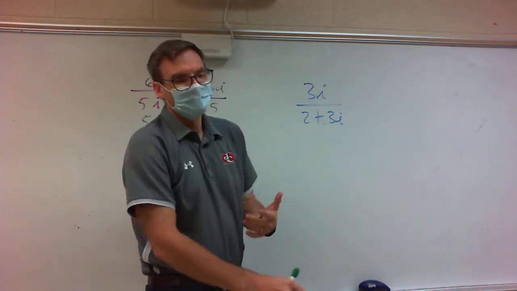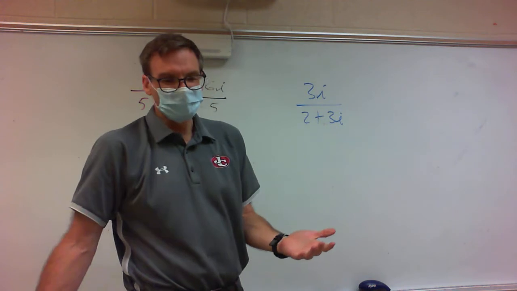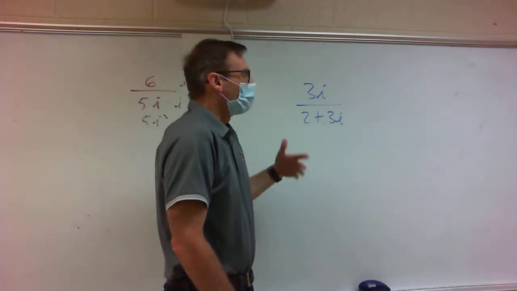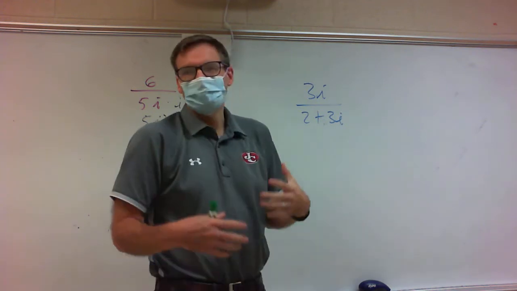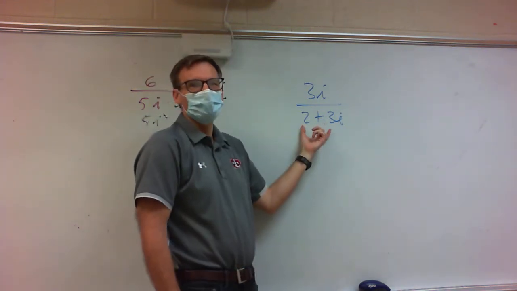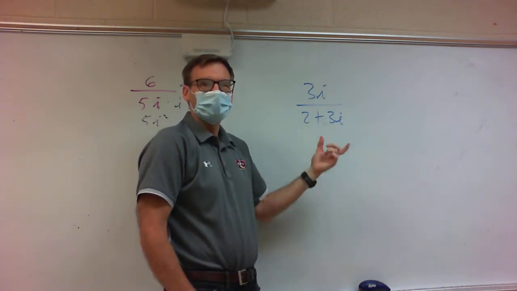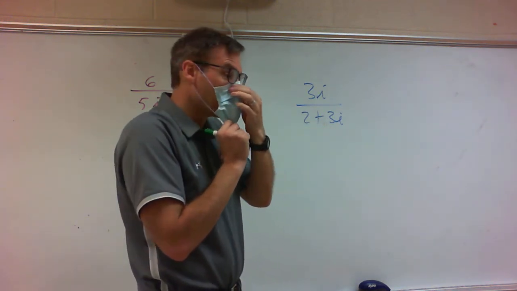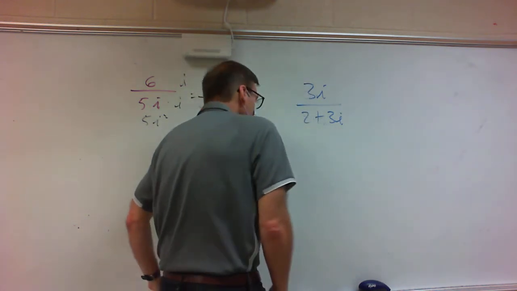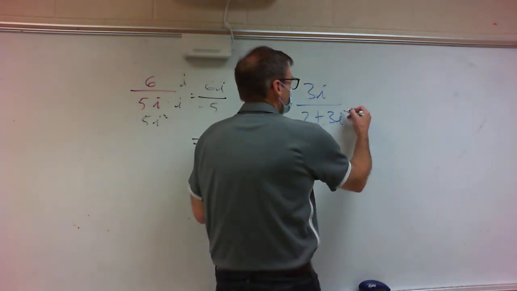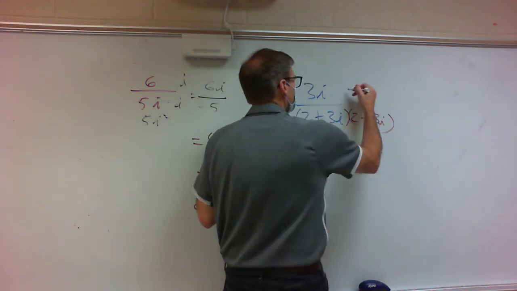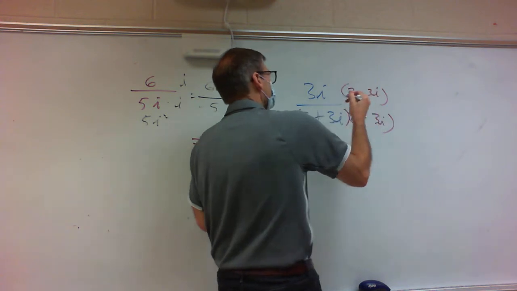The explanation I gave last week, we walked through some steps, but the end result was that the way we get rid of the i in the bottom is we multiply by the conjugate. We use those technical terms, but basically we want to create a difference of squares on the bottom. So our difference of squares on the bottom is 2 minus 3i, 2 minus 3i.